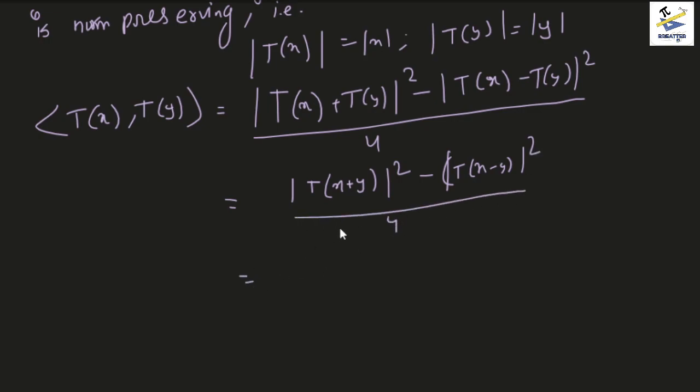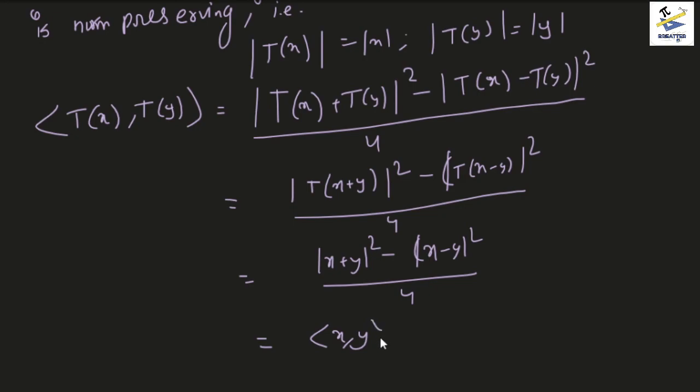Now since it is norm preserving, as we have already assumed, the norm of T of x plus y would be the norm of x plus y, and this should also be the norm of x minus y, divided by 4. This is again the polarization identity but for x and y, so it is basically the inner product of x comma y.